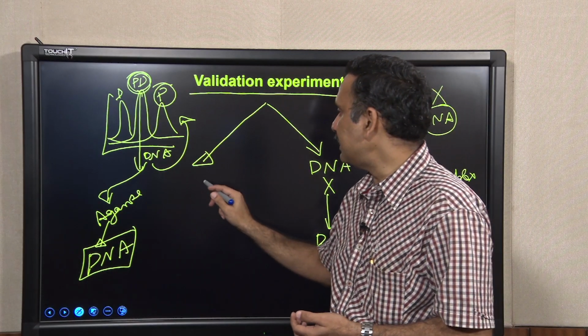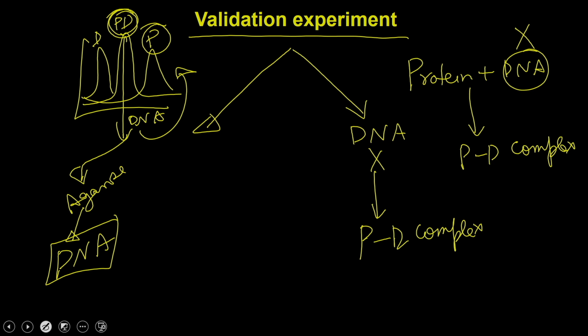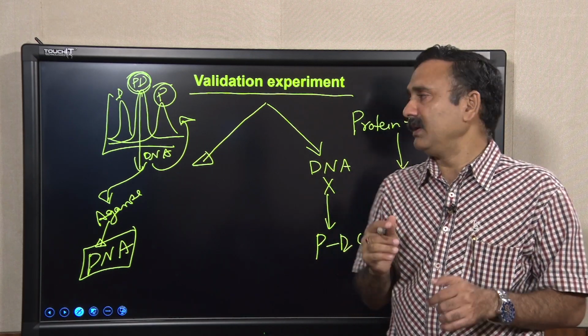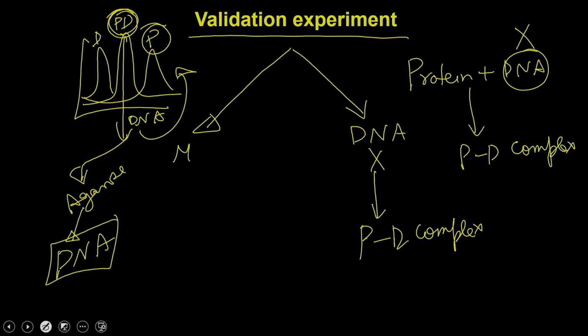The second approach is, because the DNA-protein interaction is either specific or non-specific, to answer this you can simply do mutational studies. You can generate the mutated protein, and that mutated protein should lose the binding and not give you the complex, and it should also run in the native conformation.